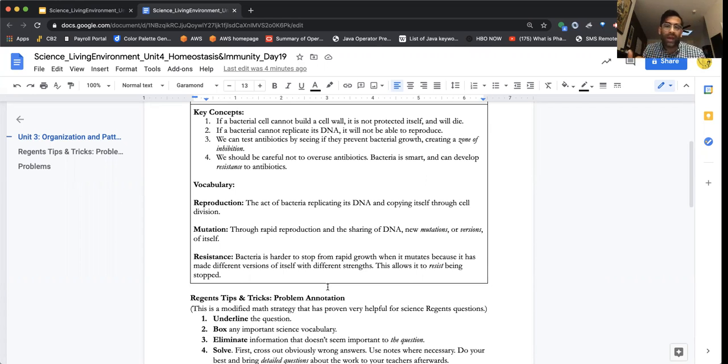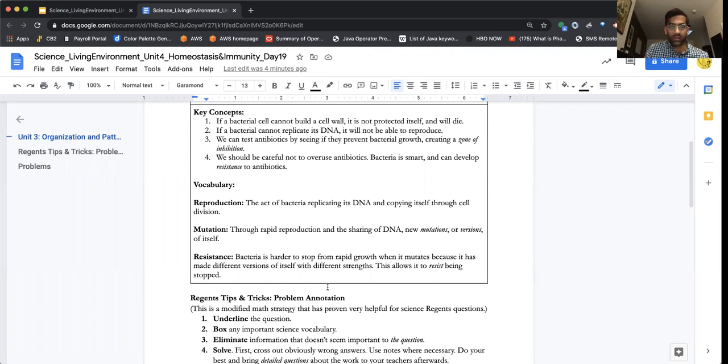And so when an antibiotic stops being effective against all possible mutations of bacteria, that means the bacteria has developed what we call resistance. It will be harder to stop because there's something new and unique about the new combinations of DNA from certain copies of bacteria, and it will continue to multiply and it will continue to make us sick.